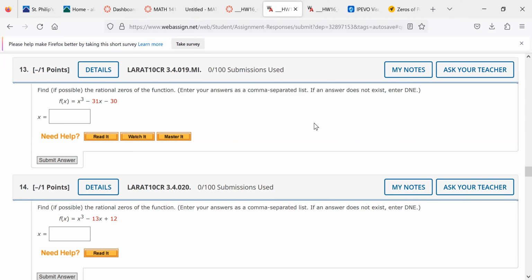Find the rational zeros of the function. Okay. All right. So it's possible zeros. It's going to be all the factors of 30.